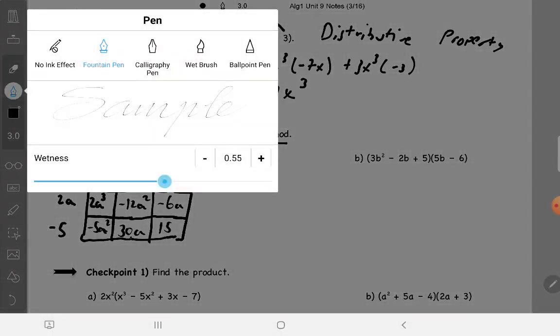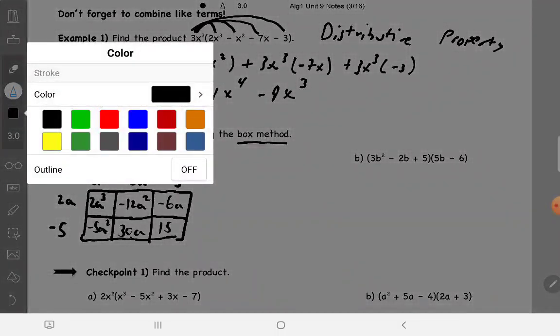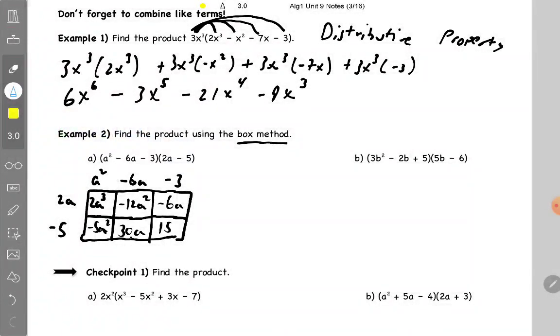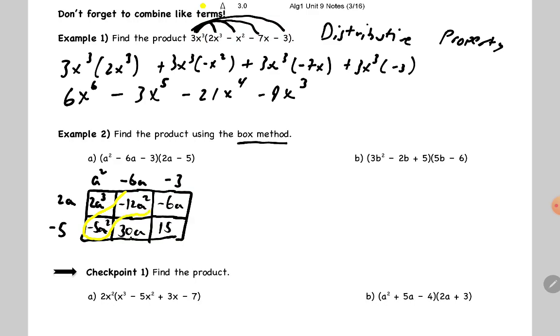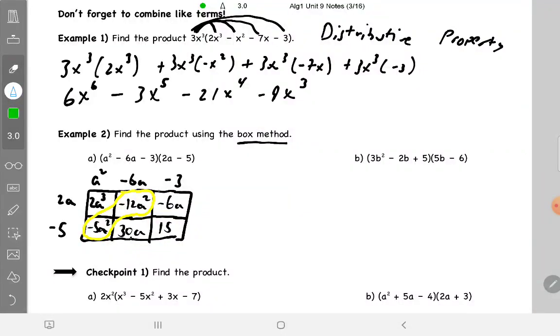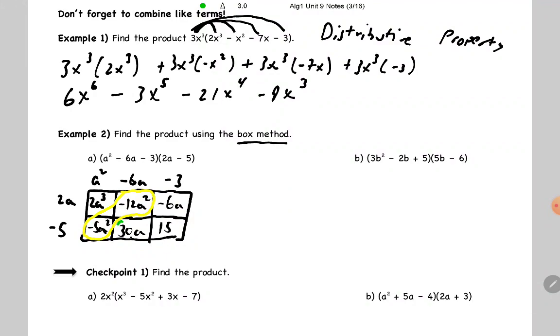Okay, now I'm going to combine my like terms. So I have 2a cubed, and then I have this piece here, negative 5a squared and another negative 12a squared. And then we also have this piece here, 30a and negative 6a.